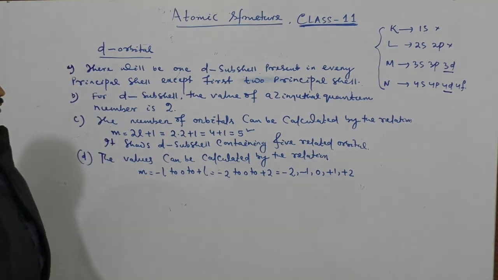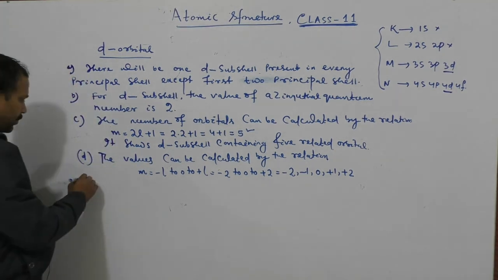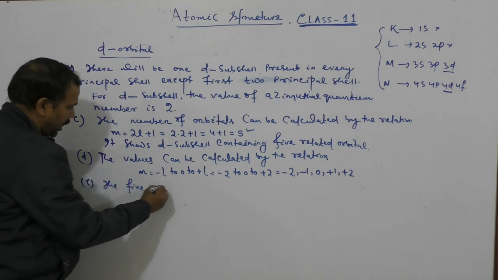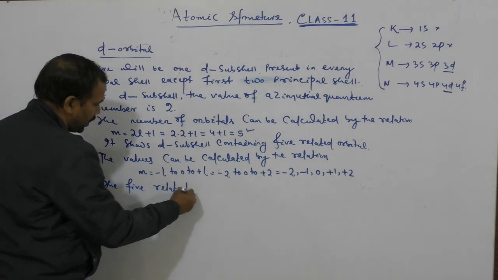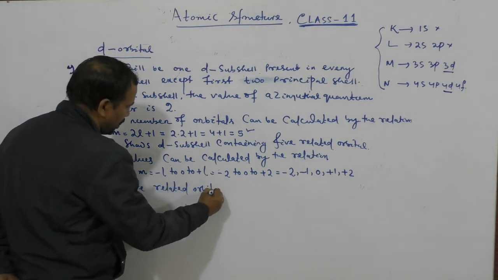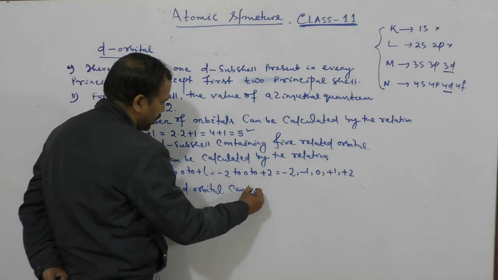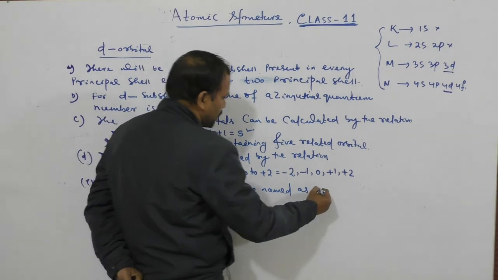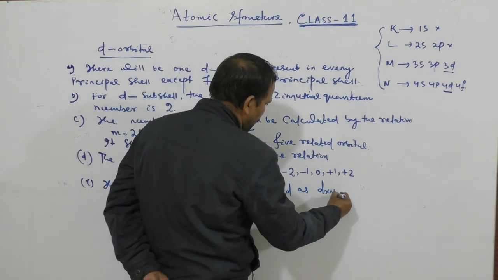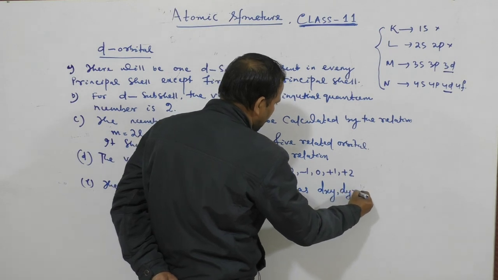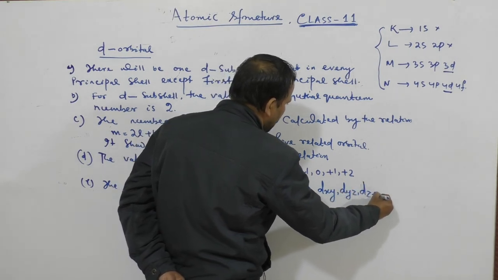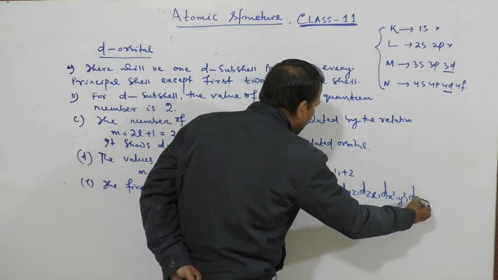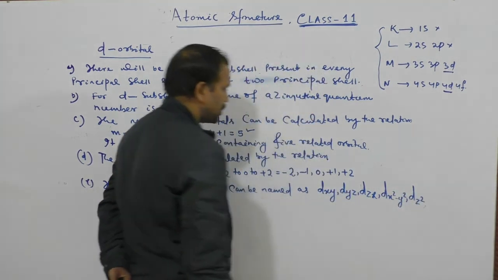The 5 related orbitals can be named as dxy, this is one orbital. dyz, another orbital. dzx, another orbital. dx square minus y square, another orbital, and the last one is dz square.